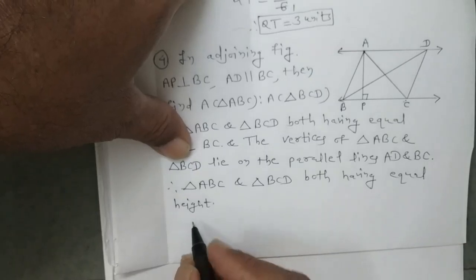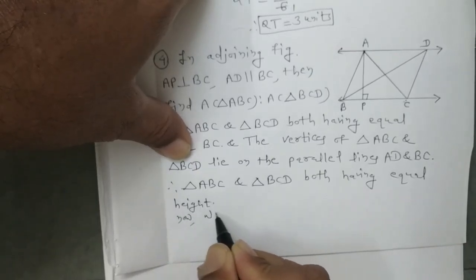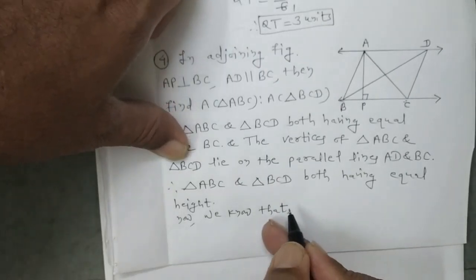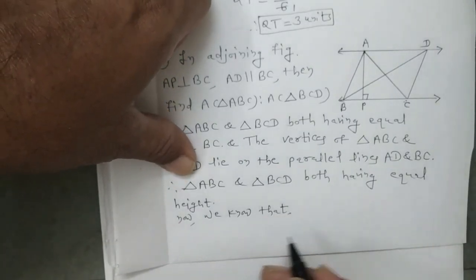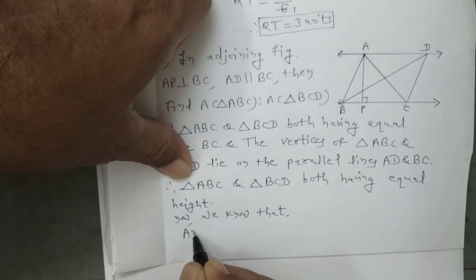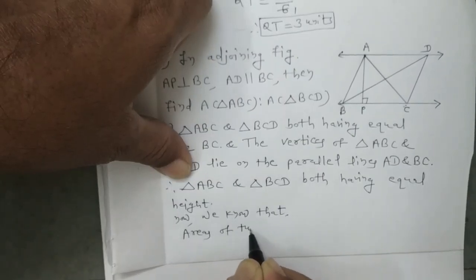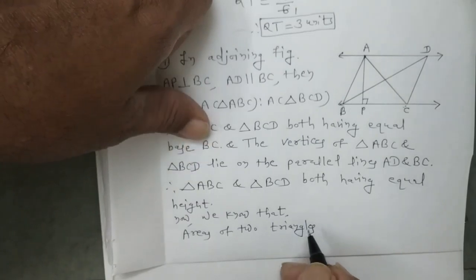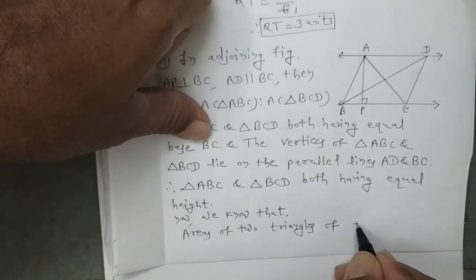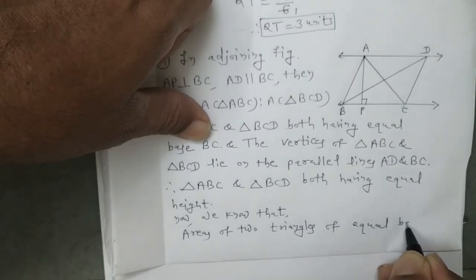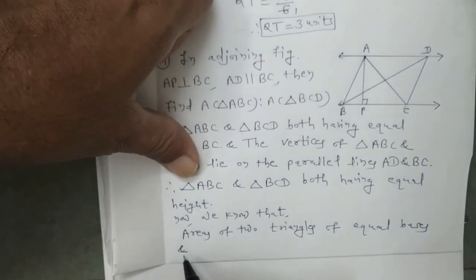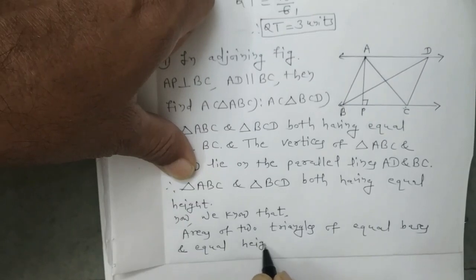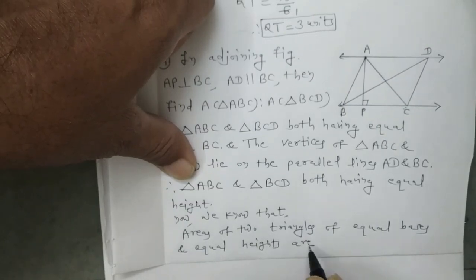Now we know that areas of two triangles of equal bases and equal heights are equal.